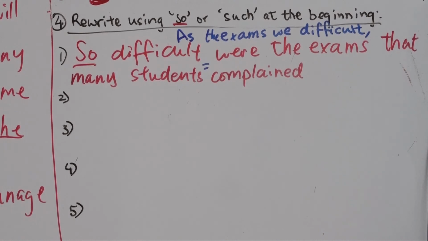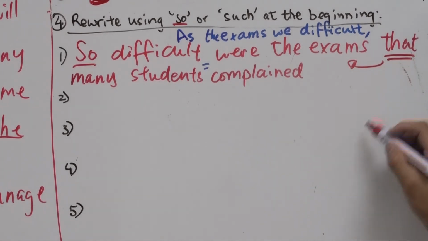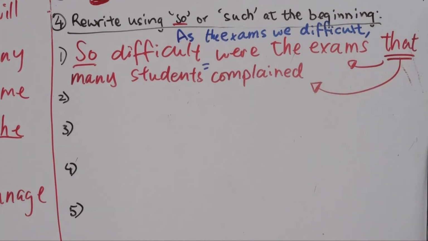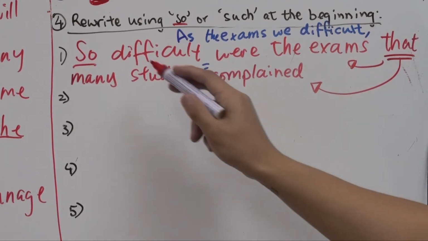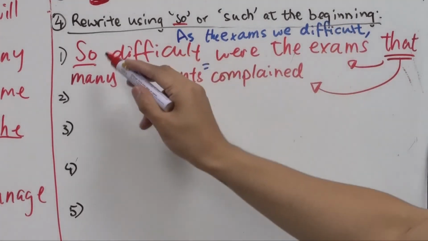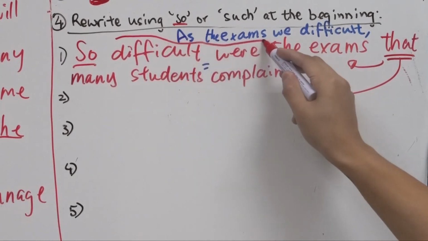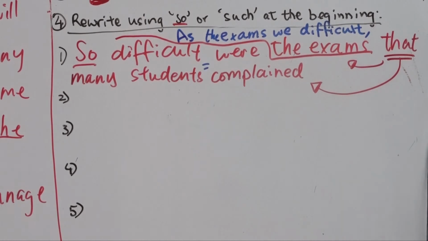Alright, so reference. Talking about the difficulty of the exam and what happened afterwards. Here we have the inversion. So difficult were the exams. Is it so difficult also in the first part? No, just difficult. So this one is just an addition. The exams were difficult.